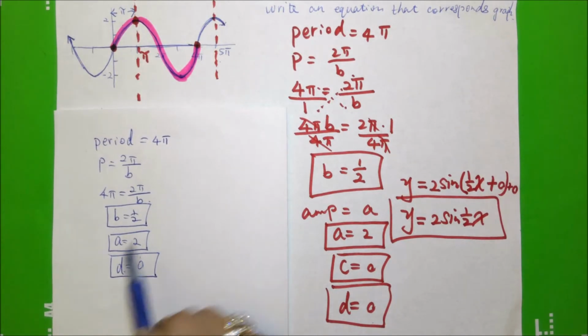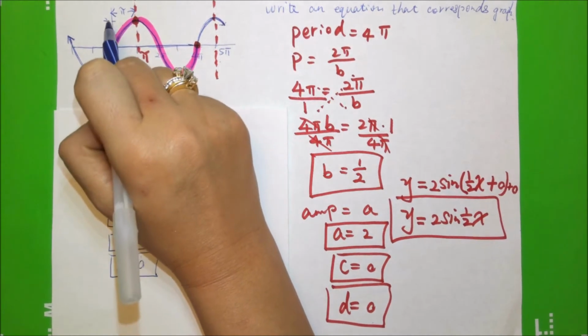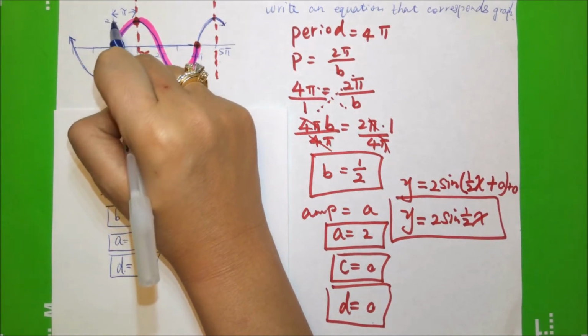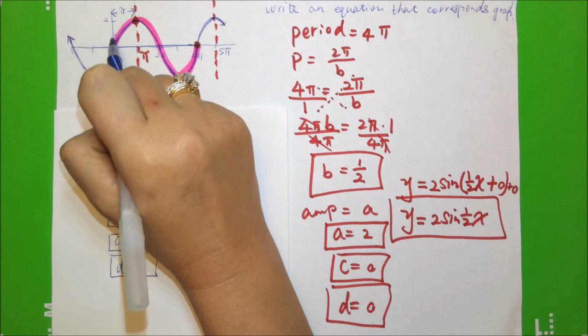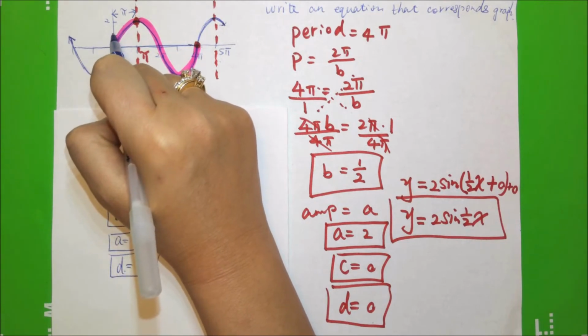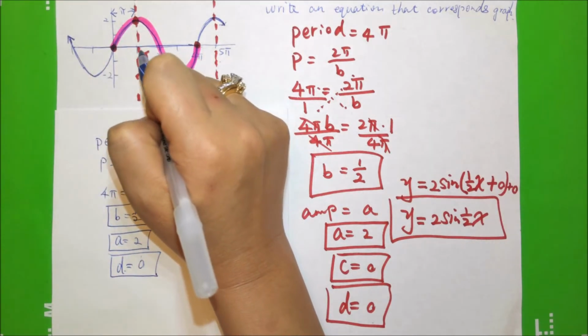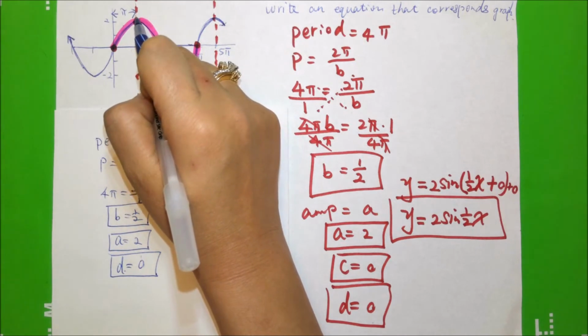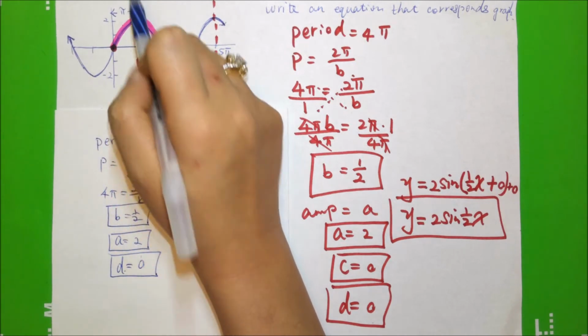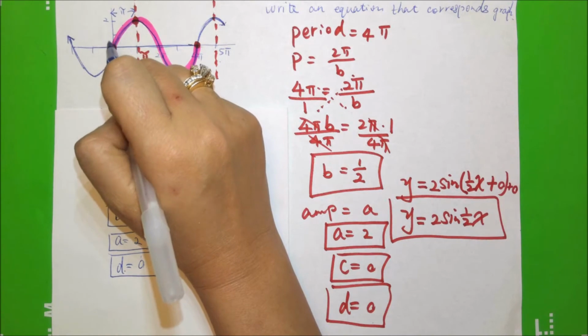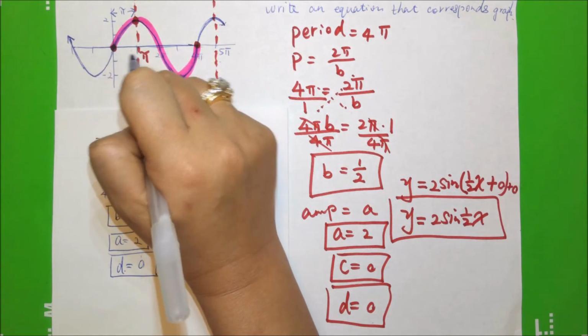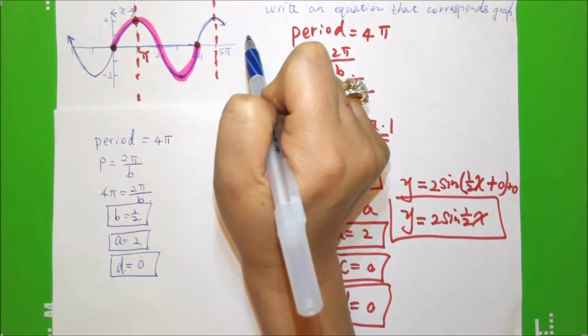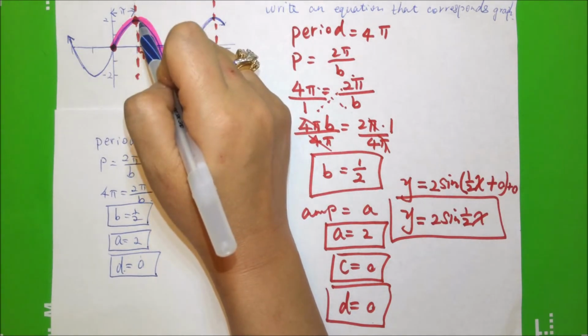Cosine graph is supposed to start from 0 and positive 1. The parent function starts from 0 and positive 1. But my graph starts from pi and positive 2. Besides vertically stretching my graph, I actually horizontally translate pi units to the right if I'm going to write the cosine function.